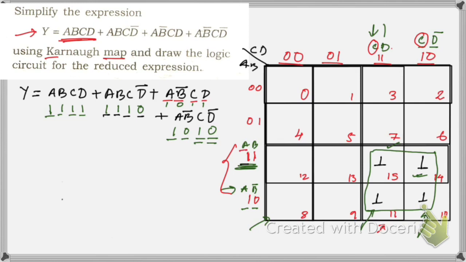Then we have A in common, so our simplified expression, what are the things that we have got common? A, and from these we have got common C, so this is the result, AC. Okay, so this is the simplified form of this given expression.